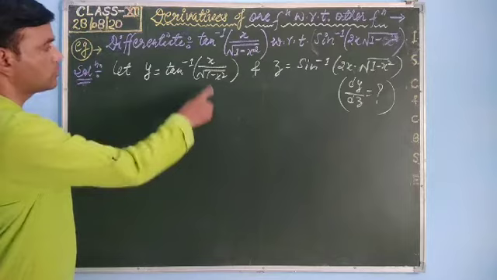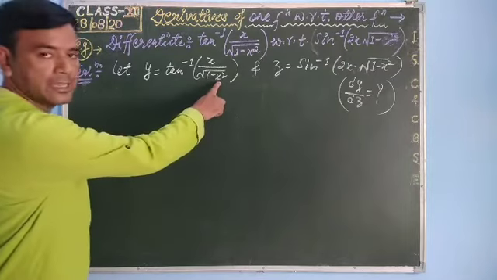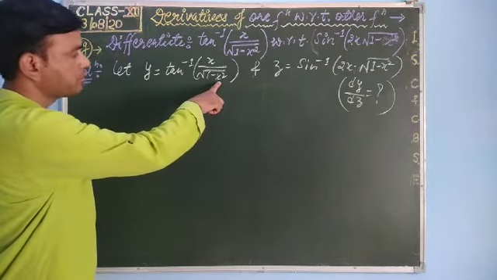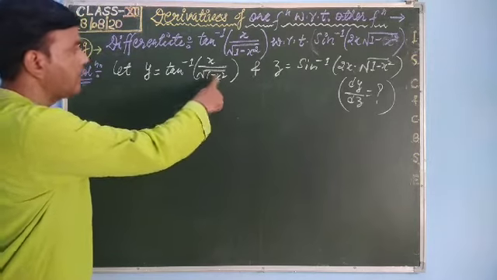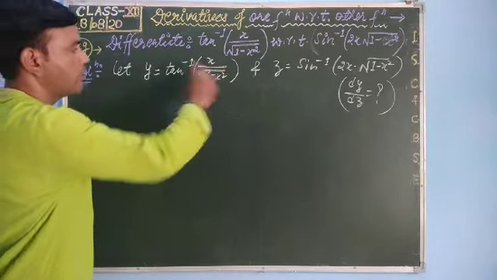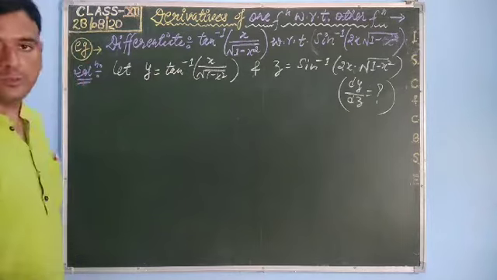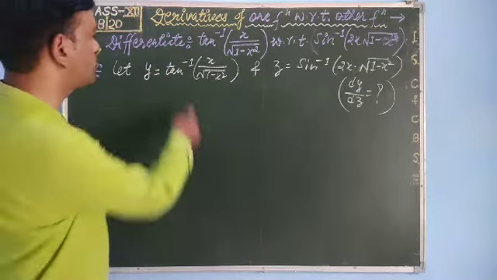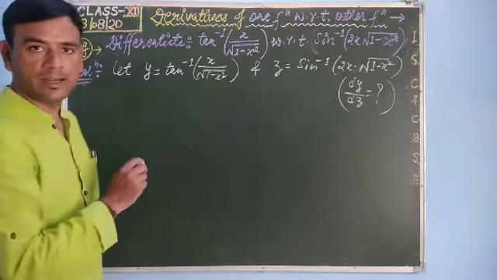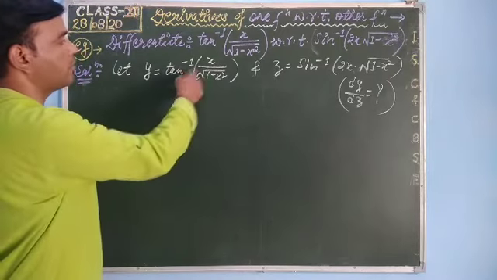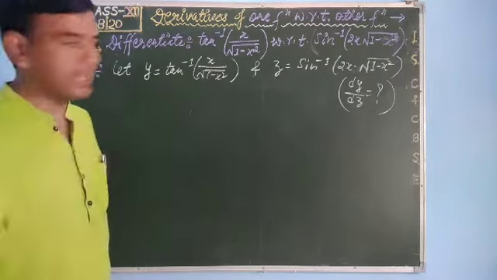Okay, so see here, if we take x as sin theta, then 1 minus sin square theta becomes cos theta, and sin theta upon cos theta is tan theta. It means we have to take such a substitution so that the tan inverse will be cancelled out by the tan theta inside the bracket.